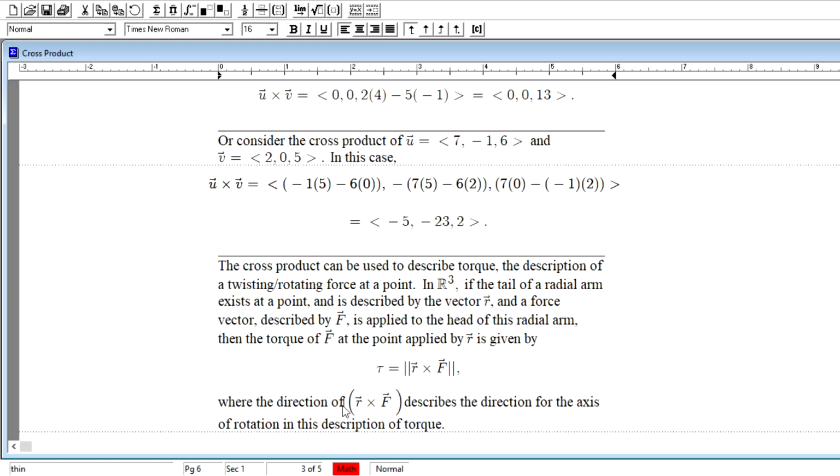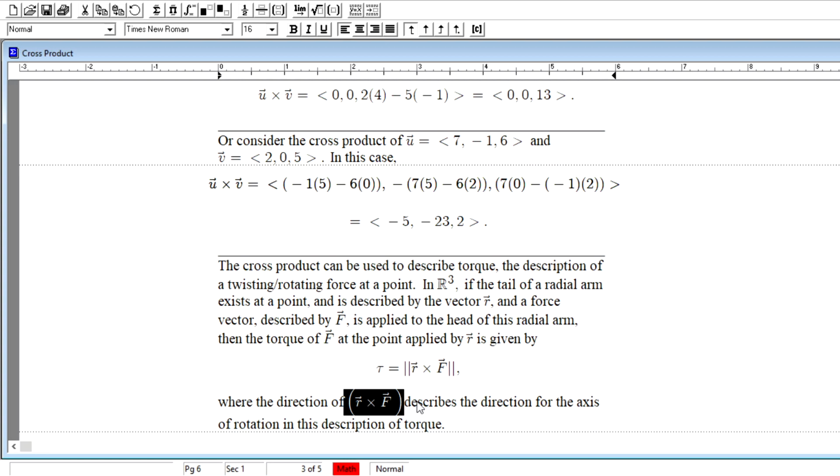Whereas there is going to be a related direction for the cross product seen here, r bar crossed with F bar. The actual direction described by r bar crossed with F bar is describing the axis of revolution for that torque. As I said, it is a description of a twisting force.